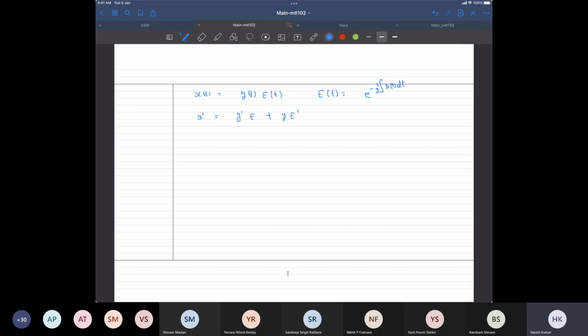And this I can write as y prime e minus half p of t y of t e of t, because e prime of t is nothing but minus half p of t e of t.